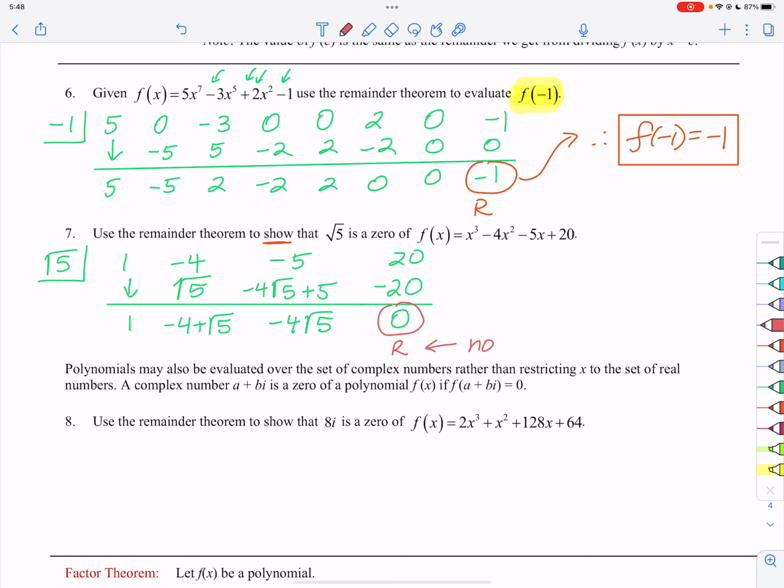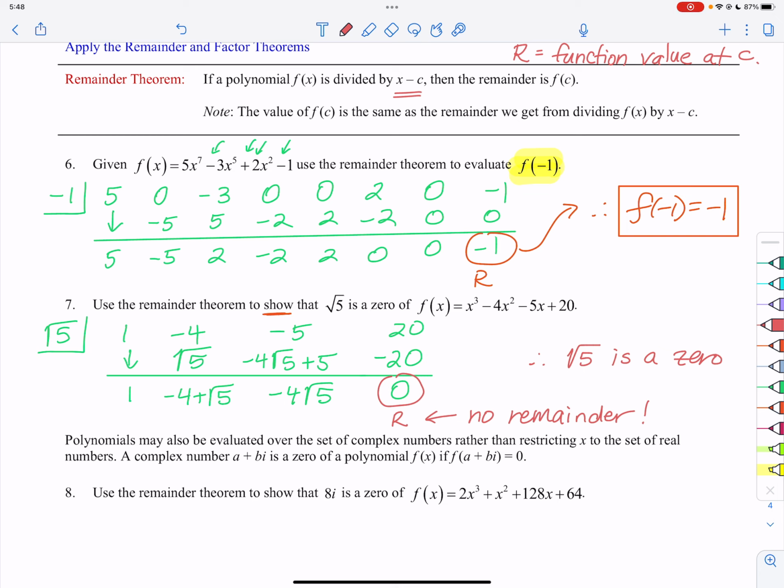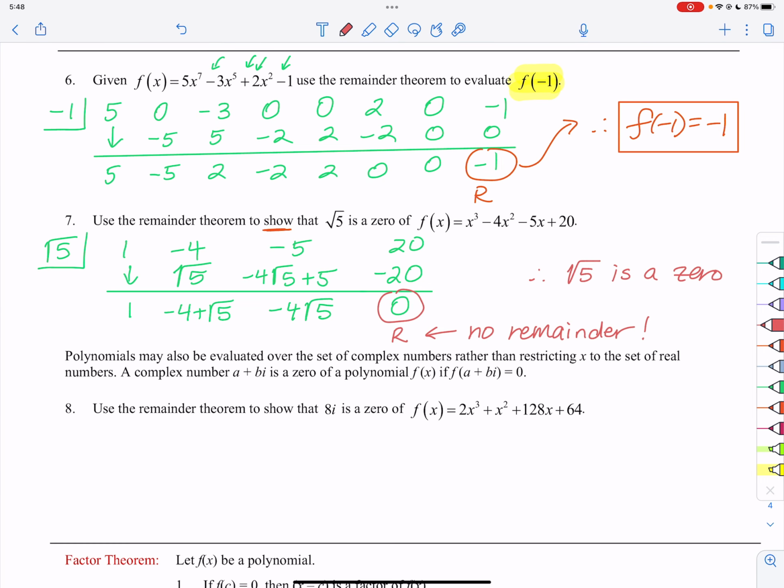So there is no remainder. And when there is no remainder, therefore, root 5 is a 0.